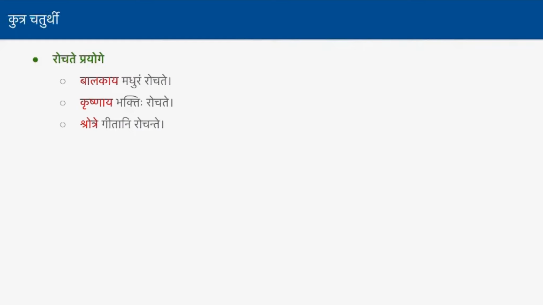Meaning, I like my city. Samyak. Mahyam madhurani rochate. I like sweets. And then Madhurani rochante, samyak. Is it right? Yeah, right.